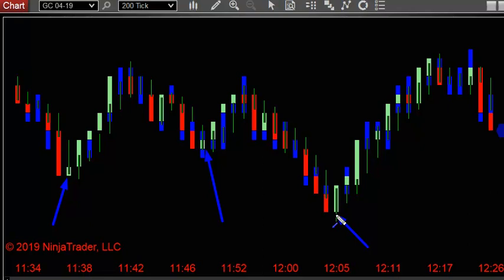Well, if you're getting a green, obviously red is disappearing. That's quite a profound statement. If you're getting a red, green's disappearing. A sale.